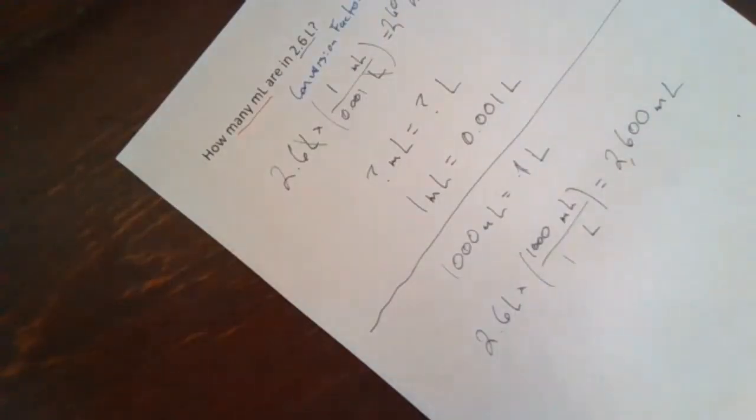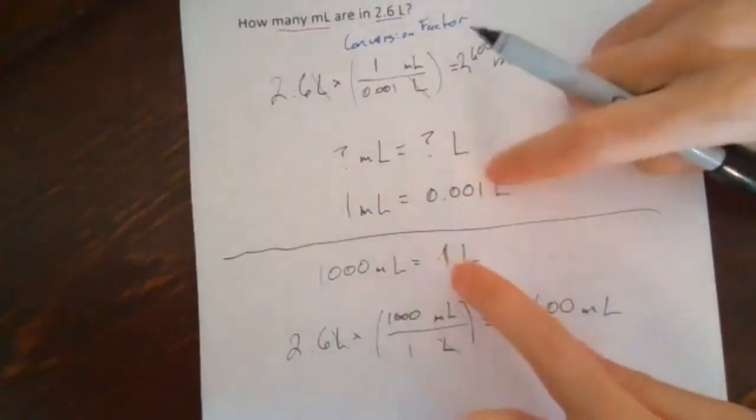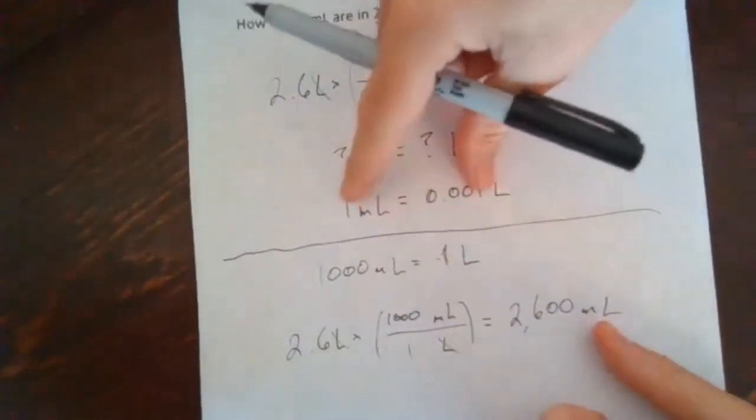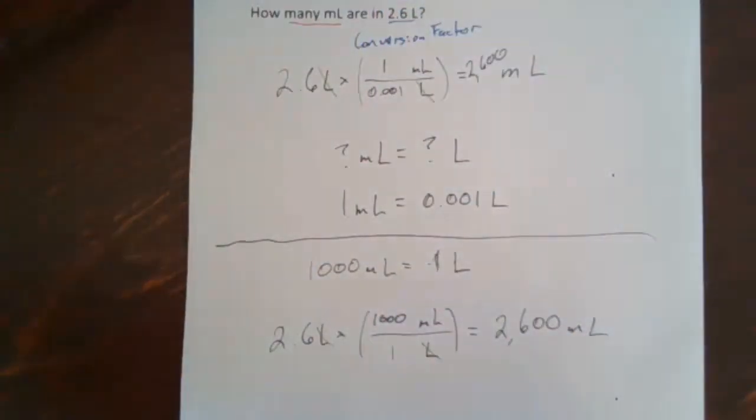And you would follow the same, your liters cancel, and you end up with 2,600. And so these are the equivalent relationships. Basically, you just multiply both sides of this equation by 1,000. And you end up with the same conversion factor. So either of those ways would work.